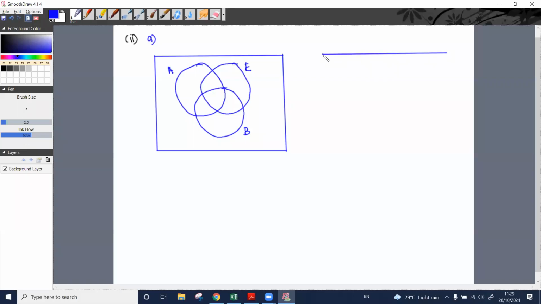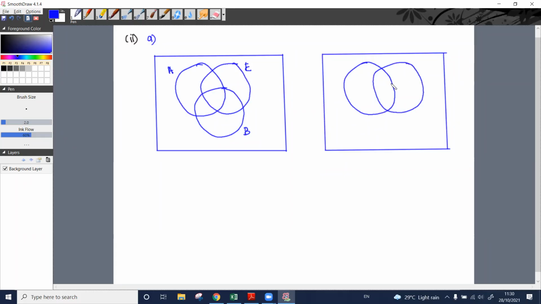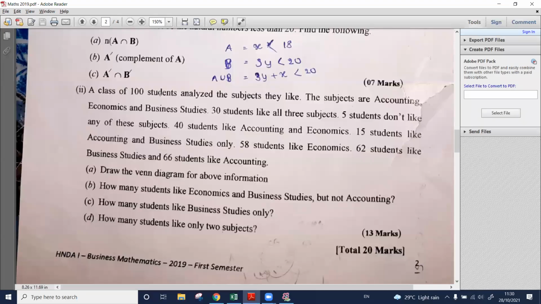The first one I will use for my workings, and the second one I will present as the final one. 3 sets: accounting, econ, and business studies. Right. Universal set is 100. There are 100 students.